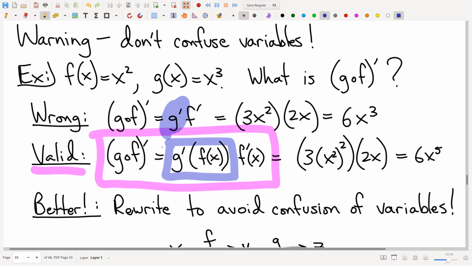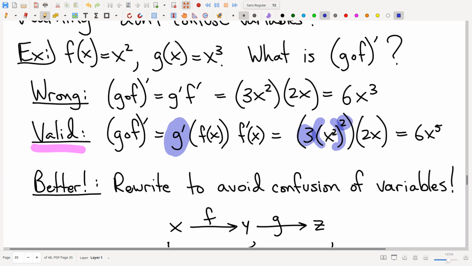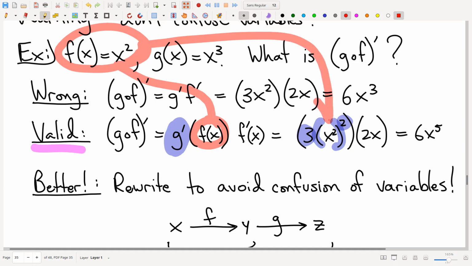So your g prime, being 3 times the square of wherever you're evaluating it, should be evaluated at f of x, namely x squared. So it's not 3x squared, it's 3 times x squared, squared. It's annoying, but that's what you've got to do, at least as we have things set up here.